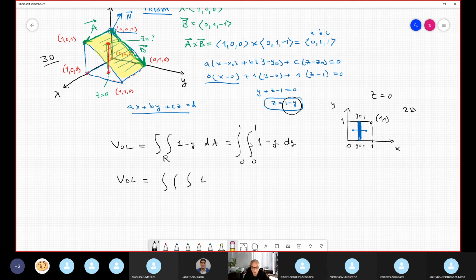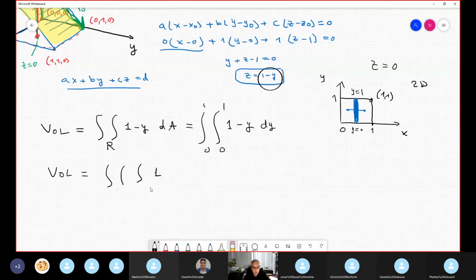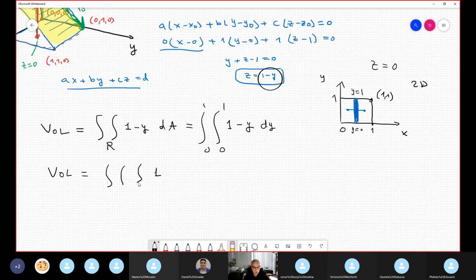Okay, let me solve the double integral. And after, out of curiosity, let's see how we set up the idea using a triple integral. It is the same. So first take care of this integration. Integral from 0 to 1 of 1 minus y dy.